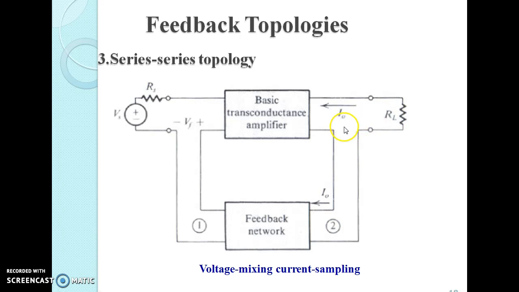So the sampling network is current sampling, and at the input side the feedback network is in series with the source. So this type of mixing is series mixing or voltage mixing, and this type of topology is called transconductance amplifier with current series feedback.